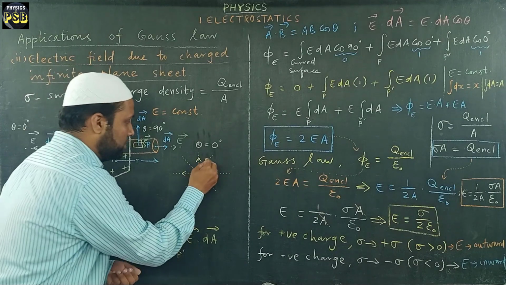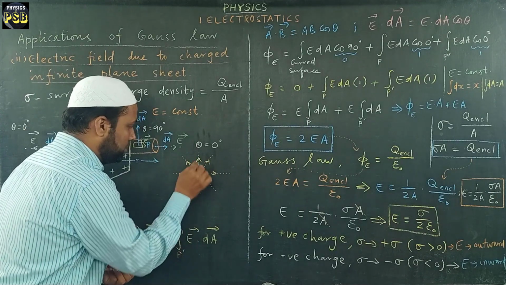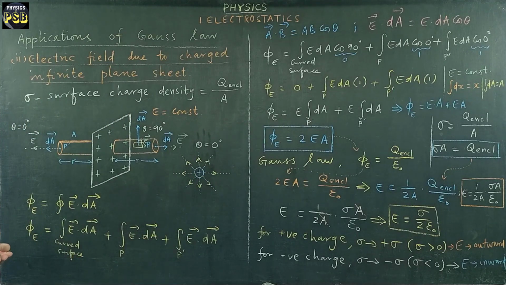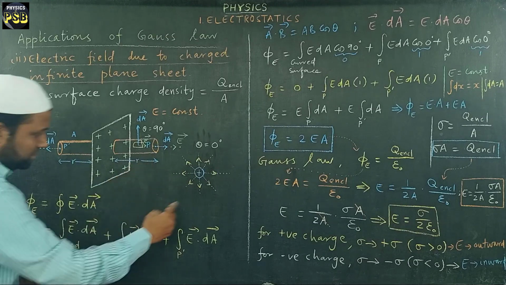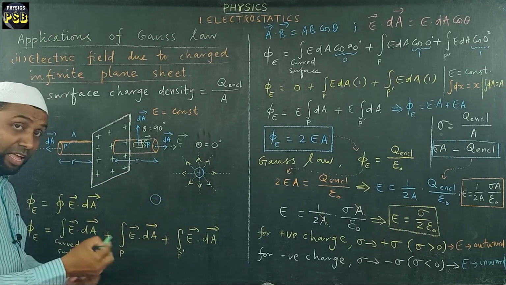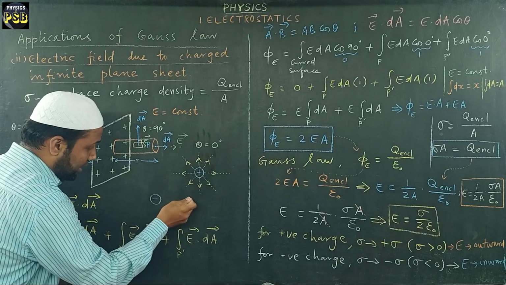Here, the electric field is acting outward. Whereas when we have a negative charge, then the electric field lines are acting towards it.